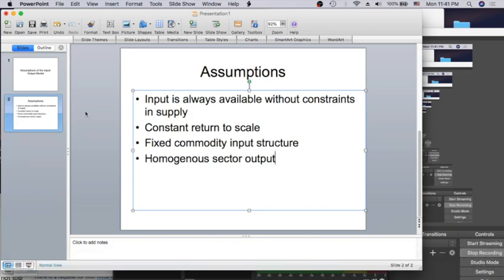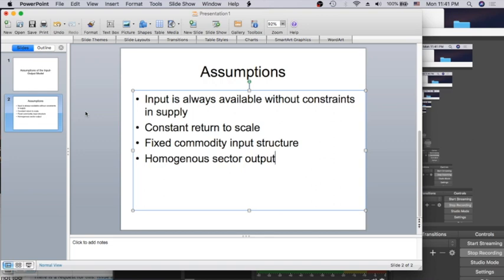The fourth assumption about the input-output model is homogeneous sector output. It means that if a sector produces more than one commodity, the proportion of such multiple commodities produced will remain the same as in the study period.